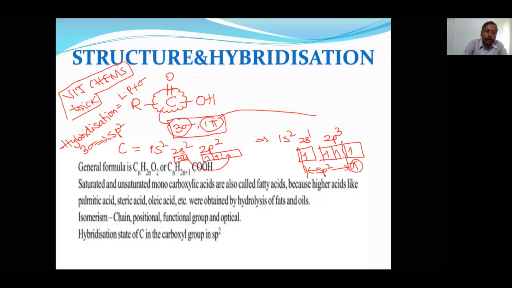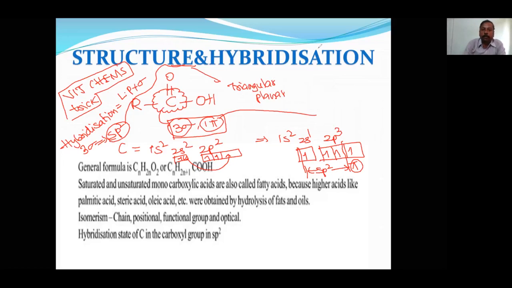So sp2 is the answer. Once it is sp2 hybridization, what should the structure be? Triangular planar is the structure. That is the hybridization.